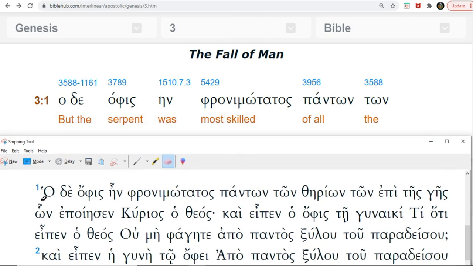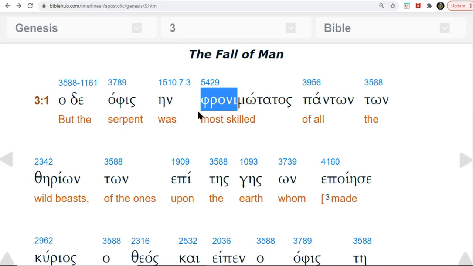And so the ode, it's a piece of poetry. The ode of is on the chronomotatos. And in the last movie I explained this chronomotatos. The chrony can mean friend, or it can mean wise.